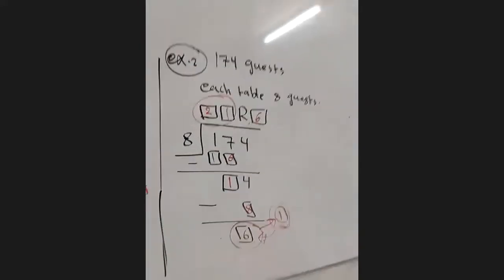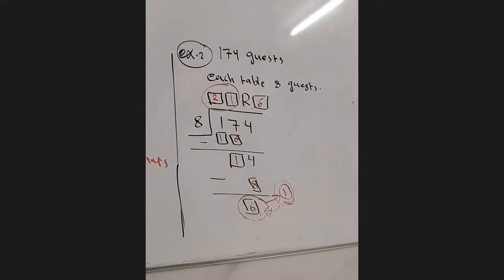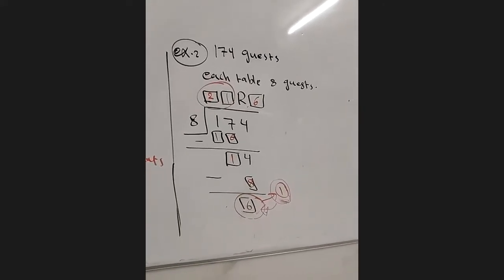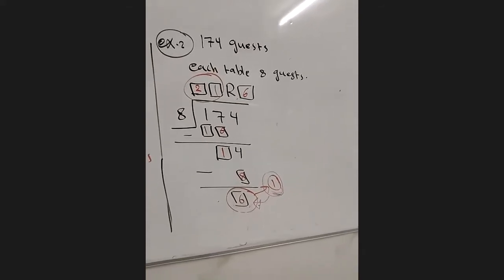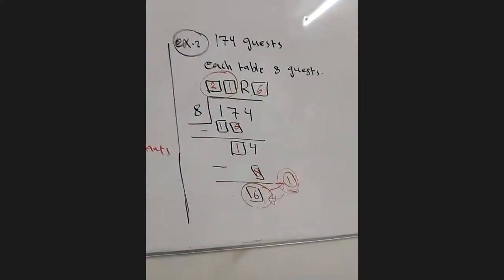Okay, so we have 1 table for the rest of the people and we already have 21. Together, how many tables do we need? Who can tell me, guys, how many tables we need here? Muhannad, how many tables do we need? 22 tables.